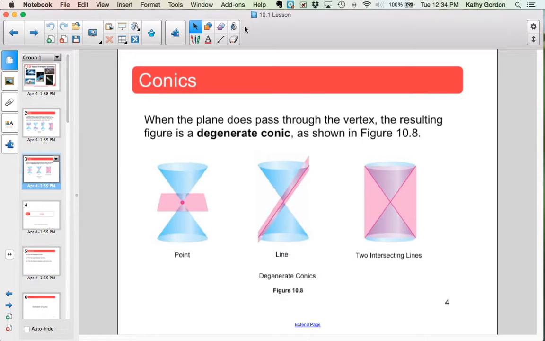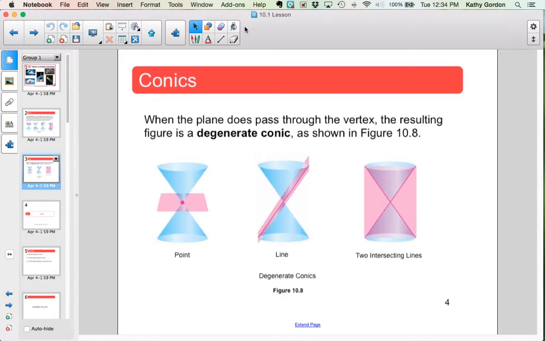And there are three different ways that can happen. One is if our plane goes straight across right here at that point, and so the only intersection between the cones and the plane is a point. Another possibility is that our plane sits along the side of the cones, going through this point where the vertices meet.